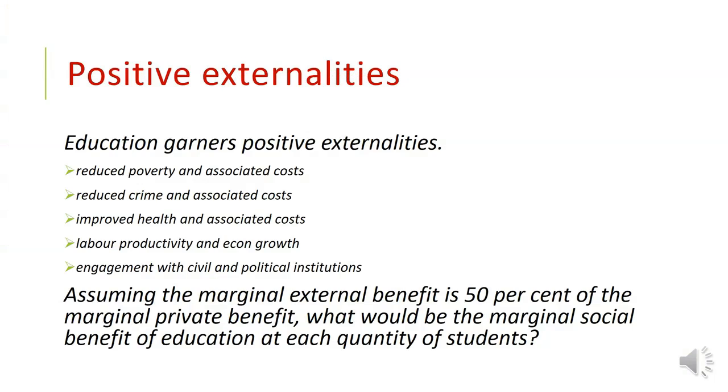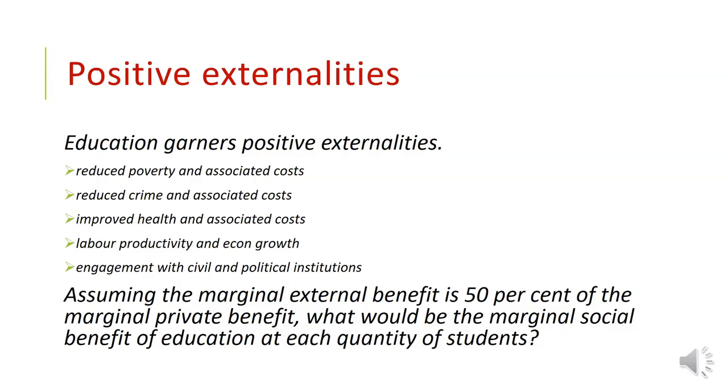Now, what that free market story is not taking into account, of course, is the positive externalities associated with education. It's not just the students themselves who gain benefits from an education. There are people who are not actually participating in the education sector. They're not the students. But nonetheless, they are deriving benefits because students get an education.